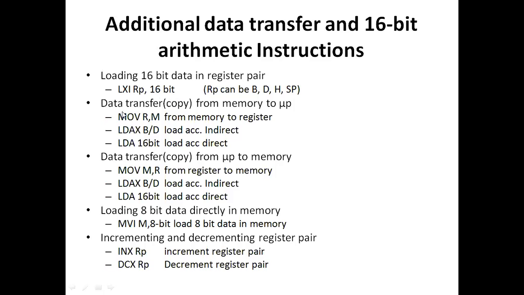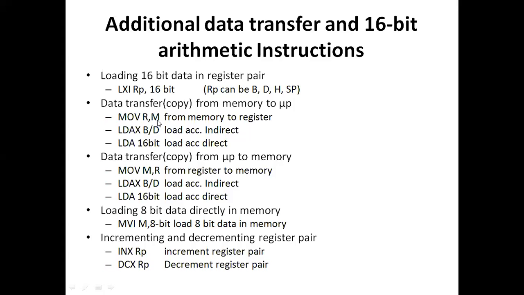The second one in this category is to copy the content of memory into the register. It is the data transfer operation from the memory to the microprocessor, and for that we can use the instruction MOV R, M. What is the meaning of MOV R, M? It is going to copy the data from the memory to the register. Which memory? The one whose address is present in the HL pair.